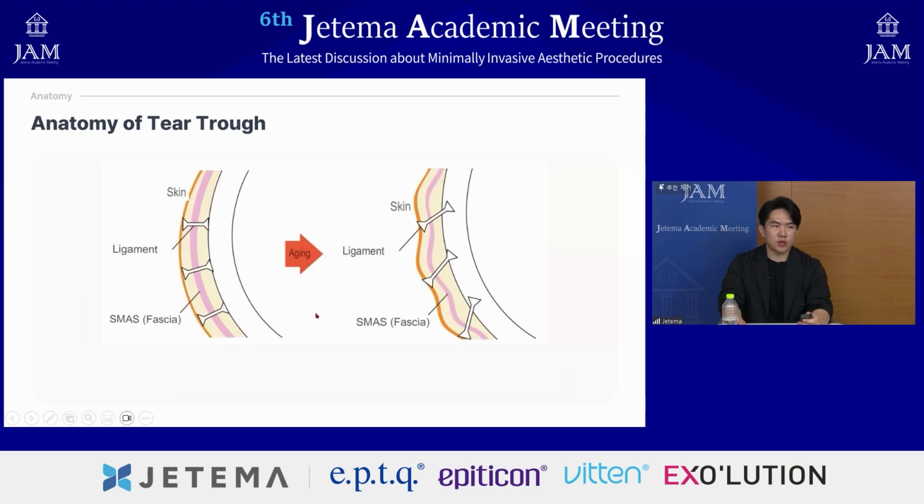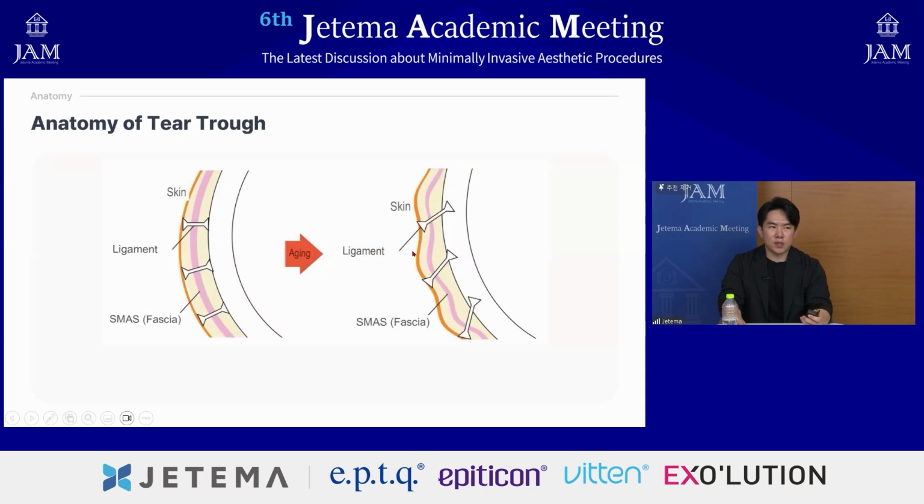In this image that shows what happens when we age, you can see that the skin becomes loosened, as well as the retaining ligament. However, the ligament is more dense and strong, so its length hasn't changed that much compared to the skin.